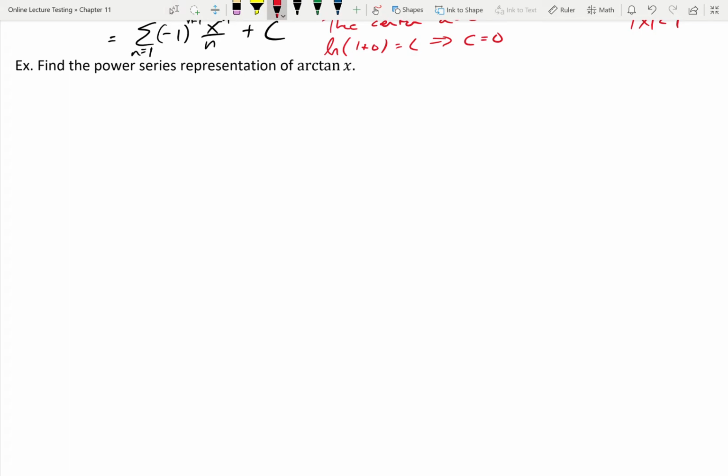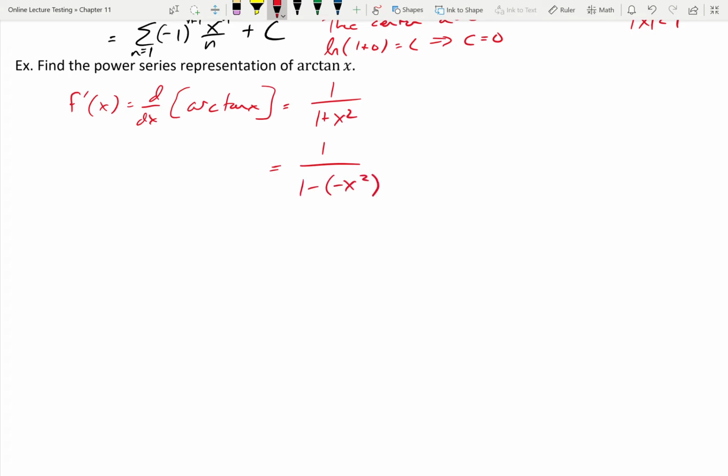Well, we know the derivative of arctangent is equal to 1 over 1 plus x squared, which we can rewrite as 1 over 1 minus negative x squared, which then we can rewrite its power series representation as n goes from 0 to infinity of negative 1 to the n, x to the 2n.